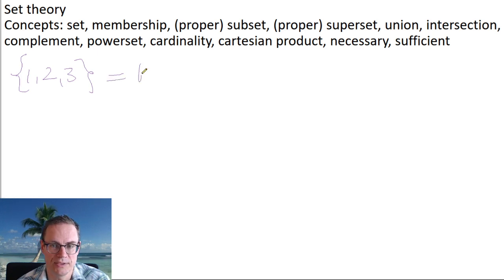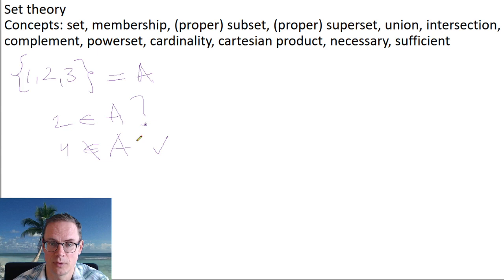We can also give this set the name A, and then we could ask, is 2 a member of A? And the answer is yes, it is. It's in there. And we can also make the statement 4 is not a member of A. And this is also correct because 4 is not an element of set A.